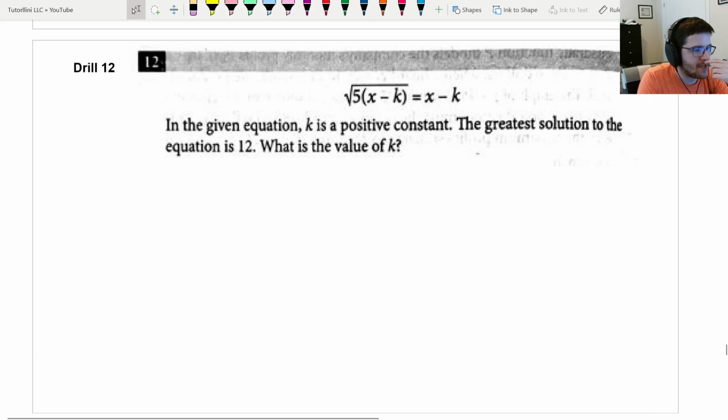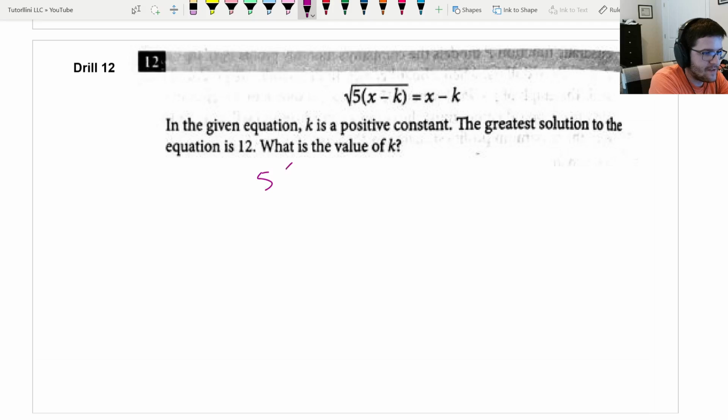Okay, first thing I'm going to do is I'm going to square both sides. So I get 5 times x minus k equals x minus k squared.